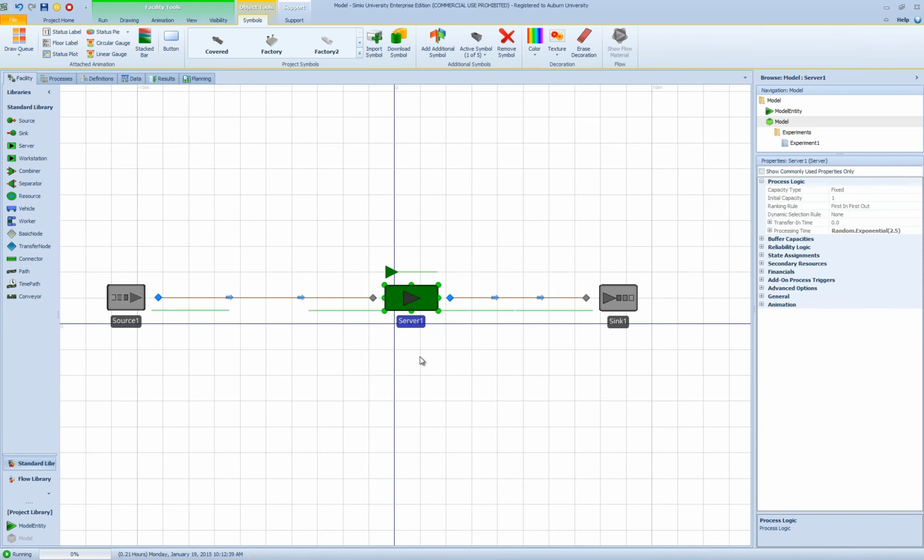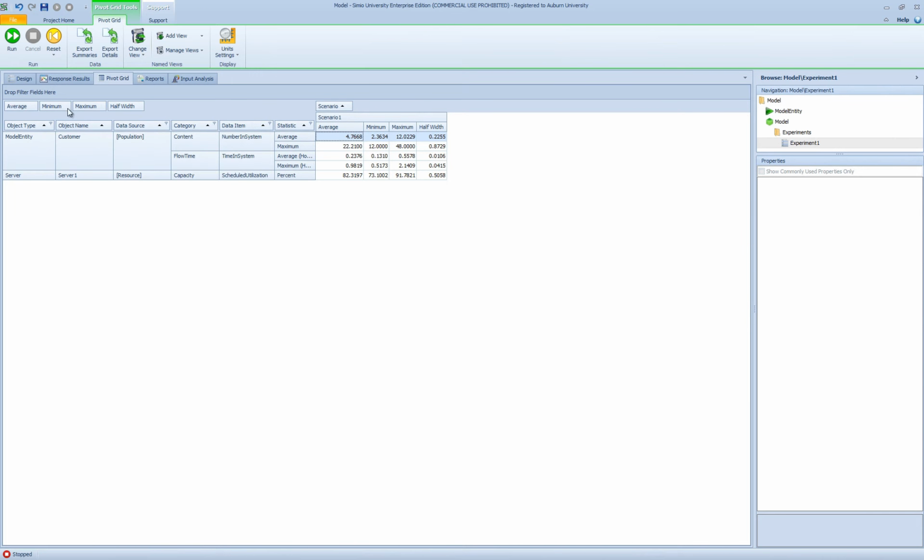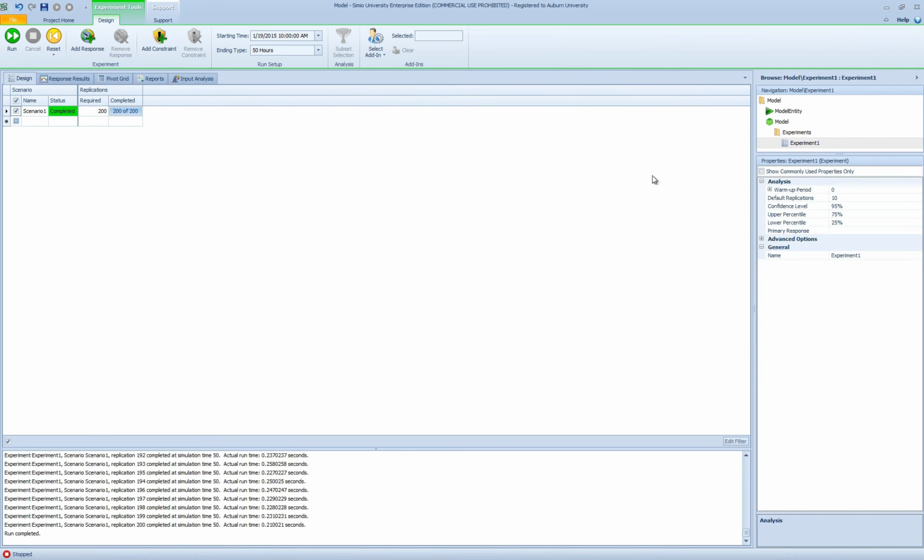However, there is a solution to get rid of this initial bias, and that is basically by using something we call a warm-up period. So if I go to my experiment properties, I can see that one of the properties is the warm-up period. So I can add a warm-up period here.